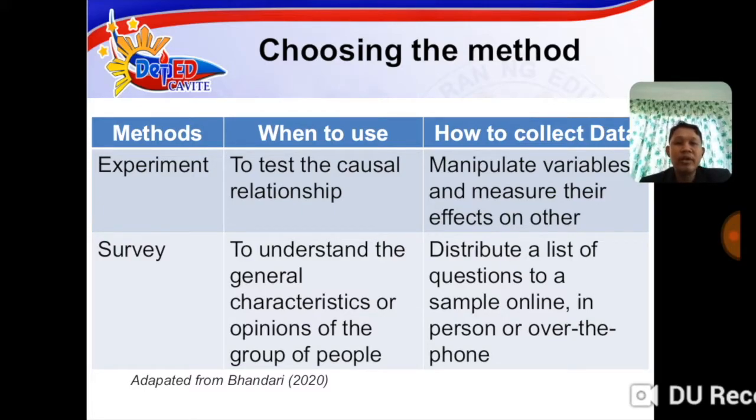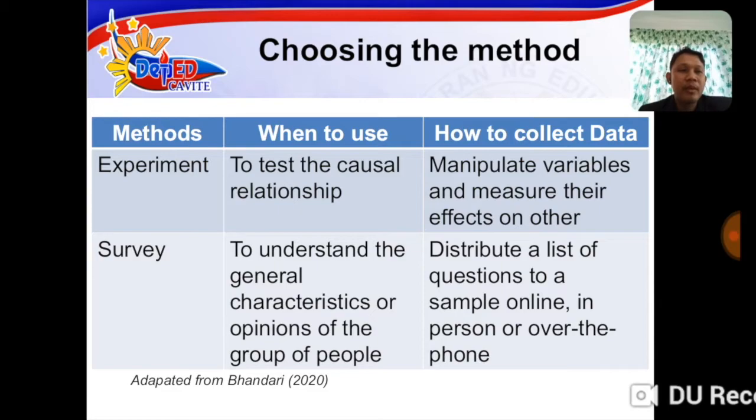And these are, of course, number one, experiment, to test the causal relationship. How to collect the data? By manipulating variables and measuring their effects on each other. So we actually use that with controlled and experimental groups that we are setting.